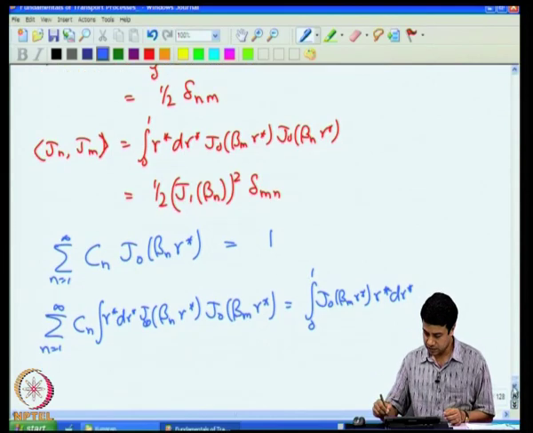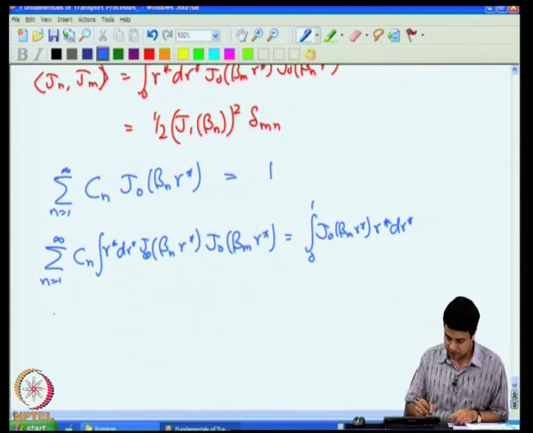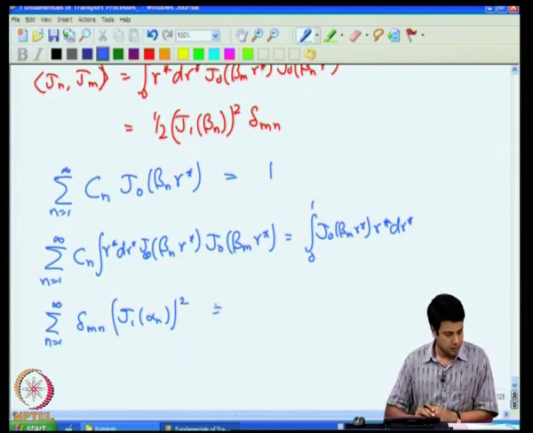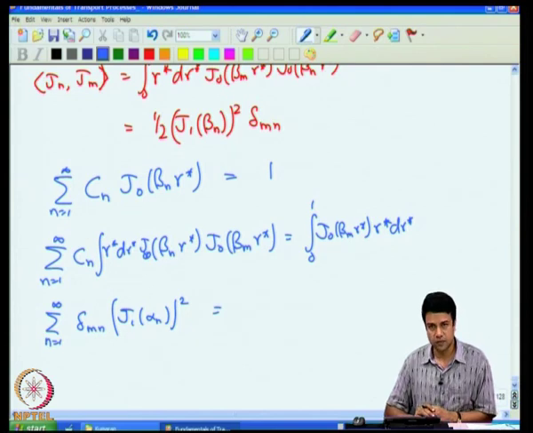The left hand side is delta m n J 1 of alpha n the whole square. The right hand side can be evaluated. You can do that by looking at standard tables or at standard special functions books.